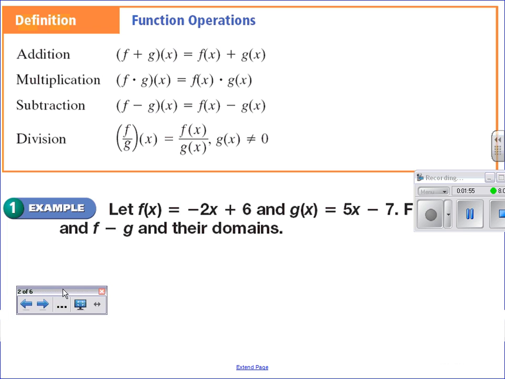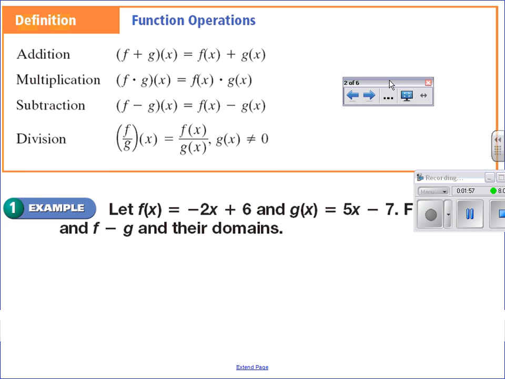There you see at the top your addition, subtraction, multiplication, division. And the two things you need to look at here are that the notation is going to be important. Whether you write it f plus g of x or f of x plus g of x, they're the same thing. And that holds for all four major operations. Now with the multiplication, be careful. This is a little dot here, right?